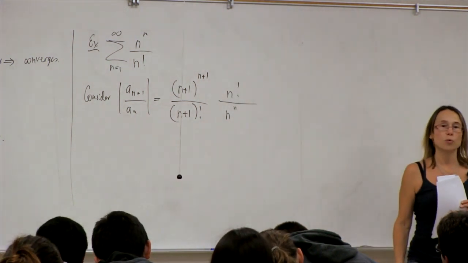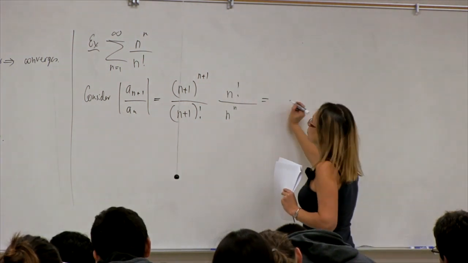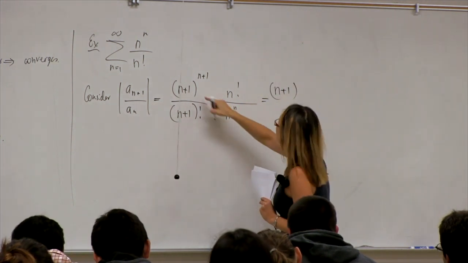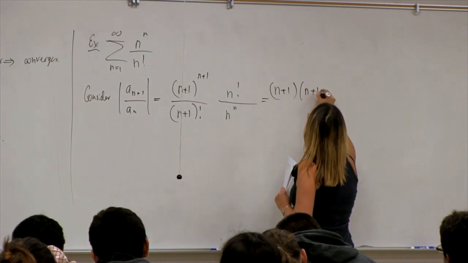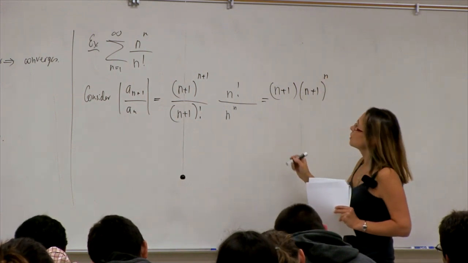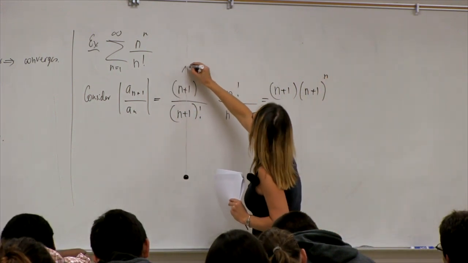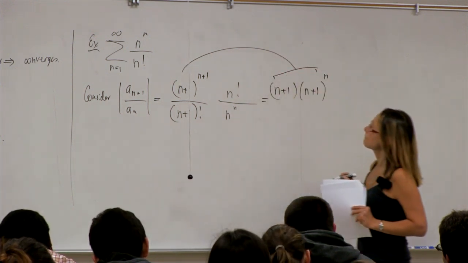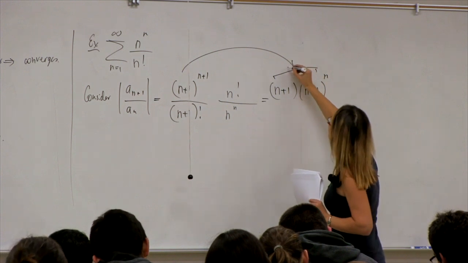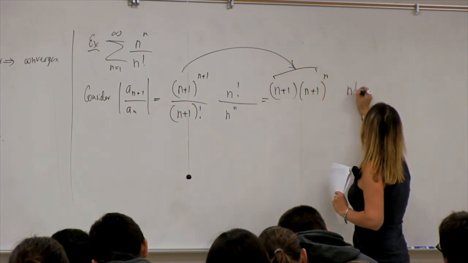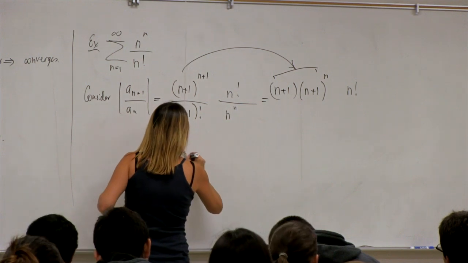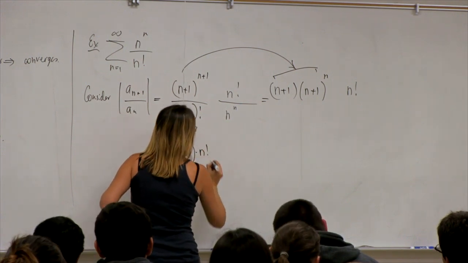Okay. Now we want to simplify. So I'm going to split off n plus 1 from here. Okay, so this whole thing becomes this, right? Now I have n factorial, and n plus 1 factorial can be expressed as n plus 1 times n factorial.